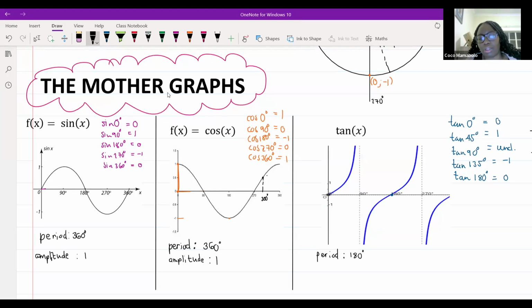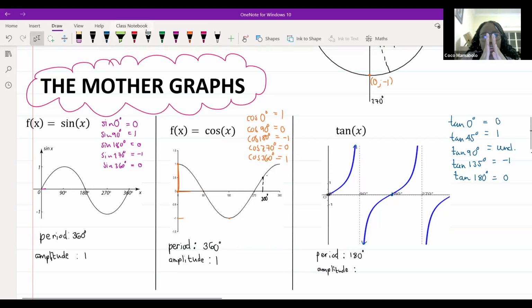Now, let's look at the tan graph. What is the amplitude of my tan graph? Can it be 1, Theo? Is there a point where it turns and stops and comes back? No, correct. There is no amplitude, because my graph is competing with my asymptote.